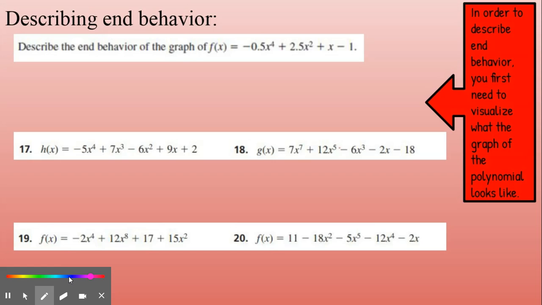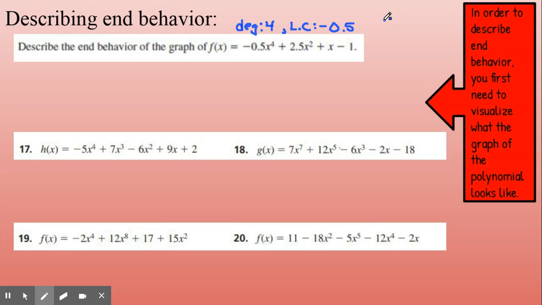First thing you want to do, make sure you have your function in standard form. So I do, okay? I want to know what my degree is. In this case, the degree is 4, and I need to know my leading coefficient, which is negative 0.5. So I have an even function, 4 is even, and I have a negative leading coefficient.